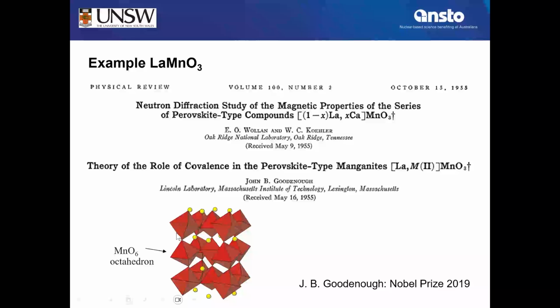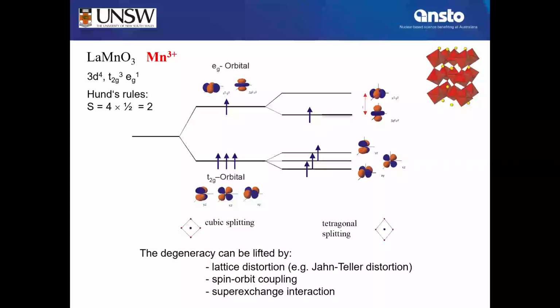Lanthanum manganite, the crystal structure is actually shown here. We have edge-sharing MnO6 octahedra. The Mn ions are right in the center, and that's where the spins are located. Here, let me come back again to this third slide. 3d electronic level.